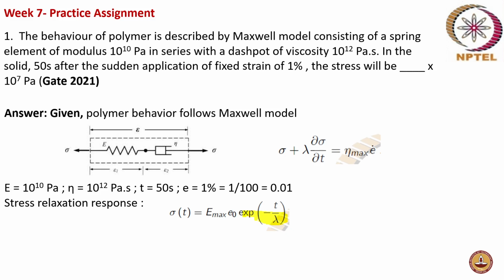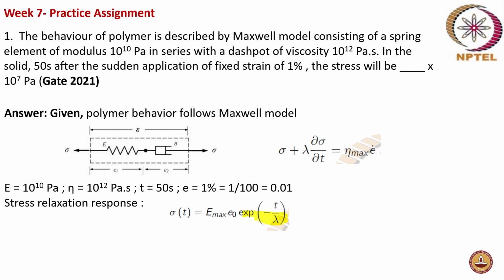Emax is equal to eta max by lambda, so we don't know lambda, back again. Is Emax not given, is it? Then what about this 10 per 10? Okay, modulus. But lambda, back again, you have to substitute that Emax over there.